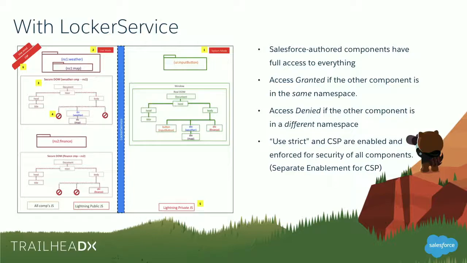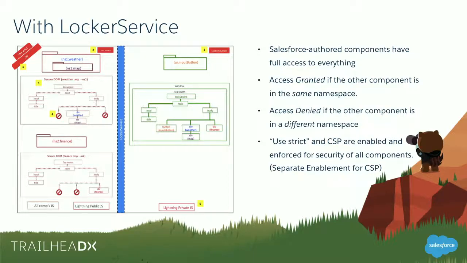With the Locker Service enabled, we provide, again, that virtualized DOM experience where now each namespace is automatically kept in its own space, so that I can only talk to my own namespace. Any Salesforce-authored components, anything that comes out of the box with Salesforce, will have access across all components.